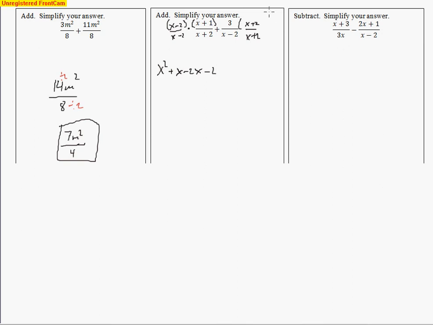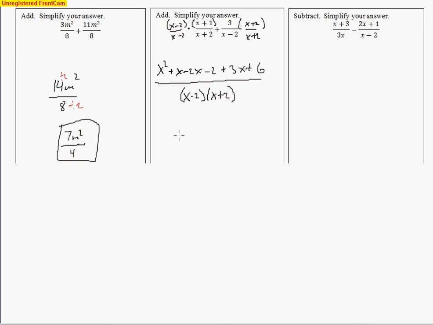And then on this part, I've got to use the distributive property. So I get a positive 3x and 6. Now in the denominator, I'm going to write this in the factored form, x minus 2, x plus 2. The reason is that when I go ahead and collect like terms, I might be able to reduce. I might be able to factor this and cancel out one of these factors.